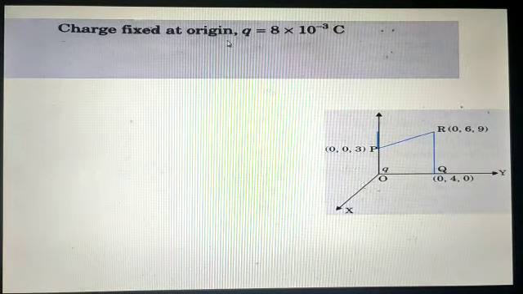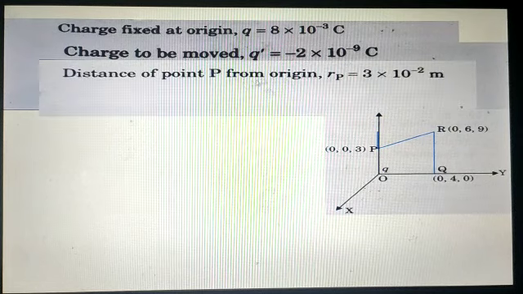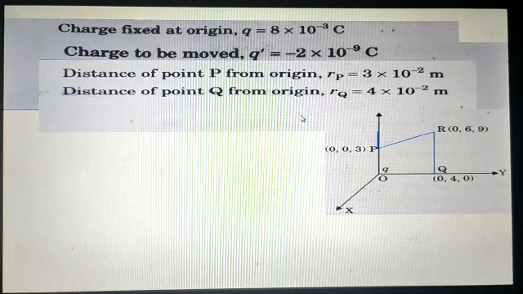The charge at the origin is 8 into 10 raised to the power -3 coulomb, the charge to be moved, Q dash, is -2 into 10 raised to the power -9 coulomb, the distance of the point P from the origin RP is 3 into 10 raised to the power -2 meter. For the point Q, the distance from the origin is 4 into 10 raised to the power -2 meter.